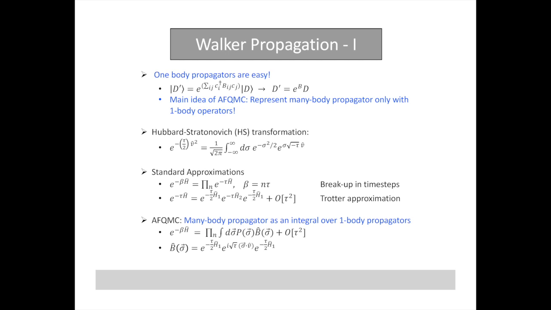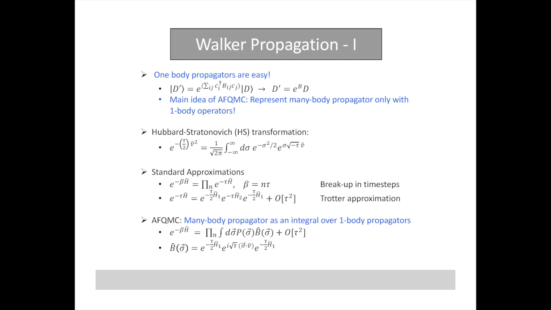This external field is sampled from a Gaussian distribution, so you can think of auxiliary field as essentially non-interacting systems propagating in time under a Gaussian external field. And the average over all of these fields is going to give you the ground state or some particular ideal state of the system. So if we know how to propagate non-interacting systems, we can essentially do auxiliary field.